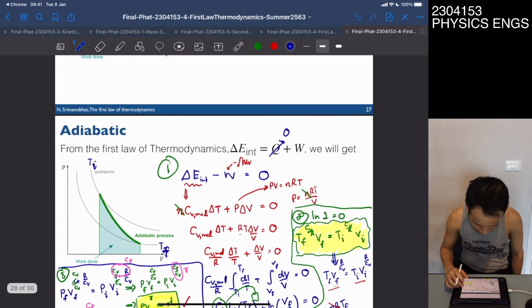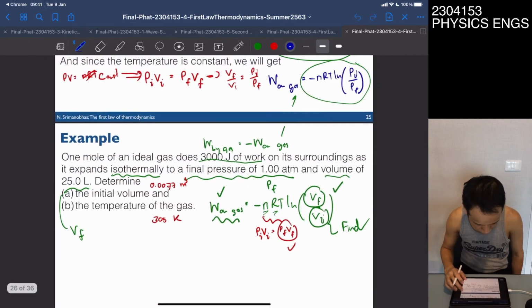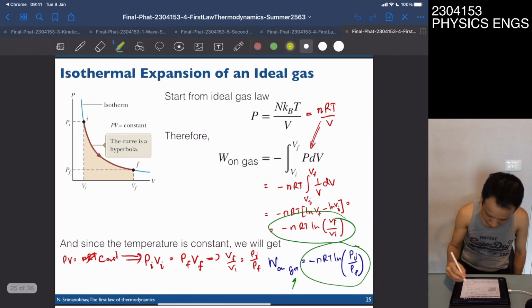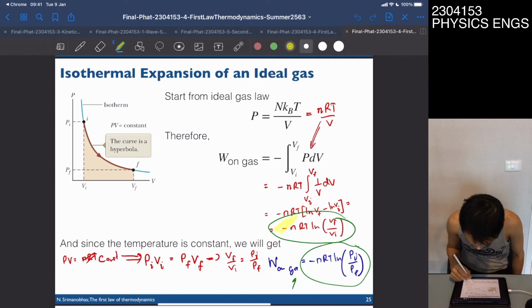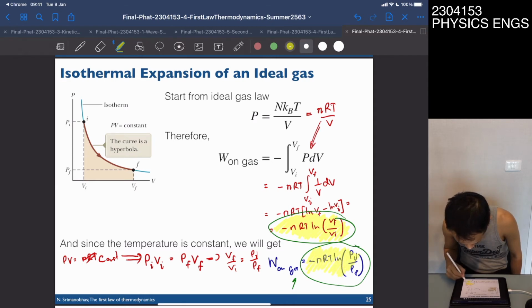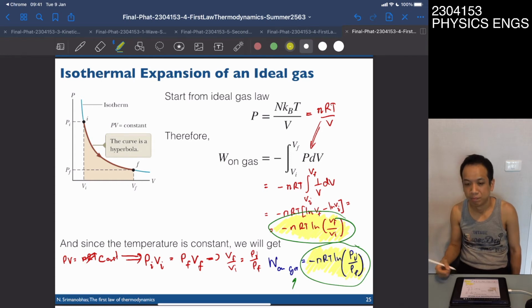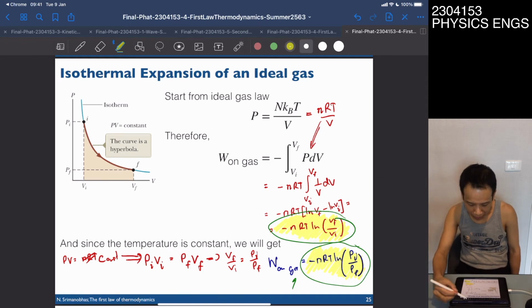Looking back at the isothermal part, it is minus nRT natural log of Vf over Vi, or minus nRT natural log of Pi over Pf. Which one would you like to use? You can use either of them, because if you know T, you can convert between them. Okay, let's take the volume one.